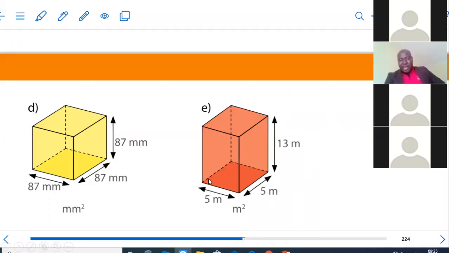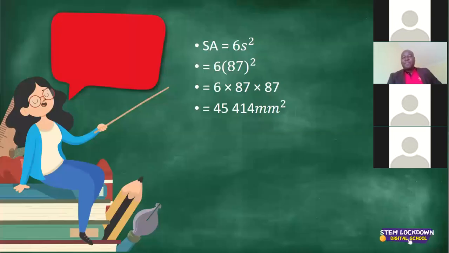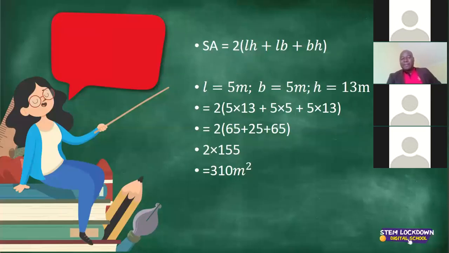As you can see, the length is 5, the breadth is also 5, but the height is 13 meters. Of course, once we have used the formula, it becomes clearer that your final answer will be 310 square meters.